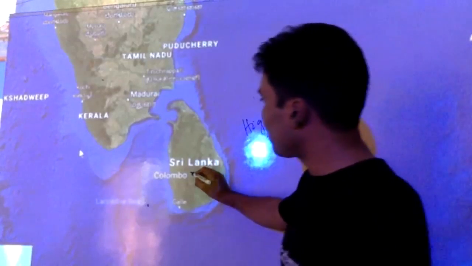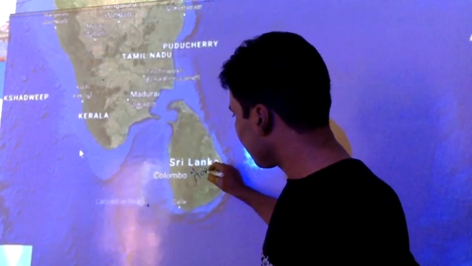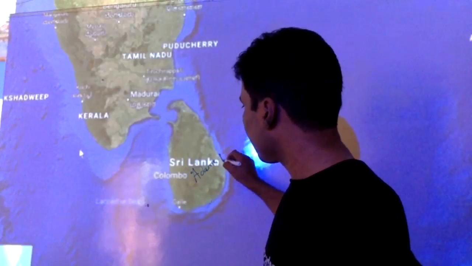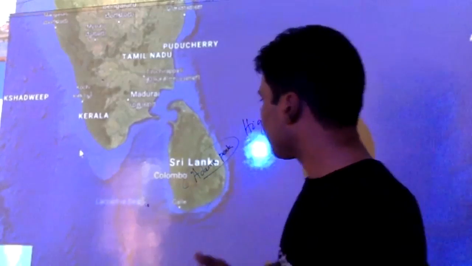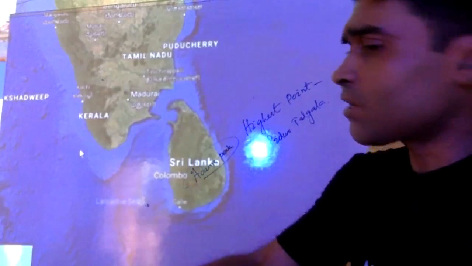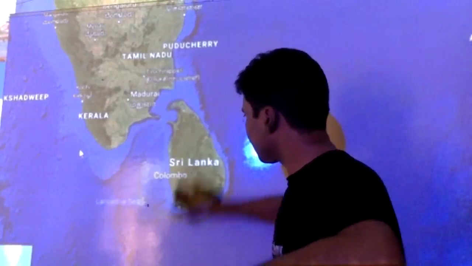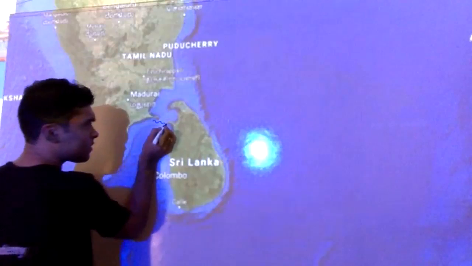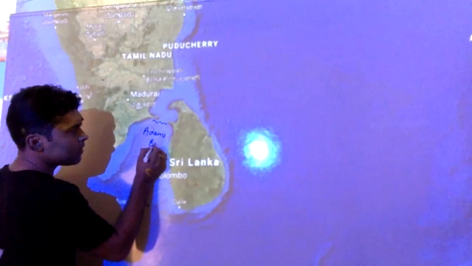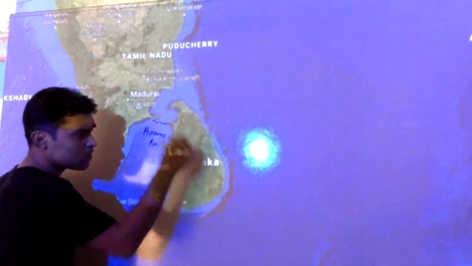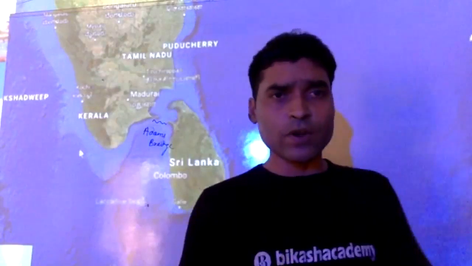Apart from that, one point here is called Adam's Peak. Adam's Peak you also have to remember, very important from the exam point of view. Actually, Adam's Bridge is located here. Adam's Bridge. This point you should remember from the exam point of view.